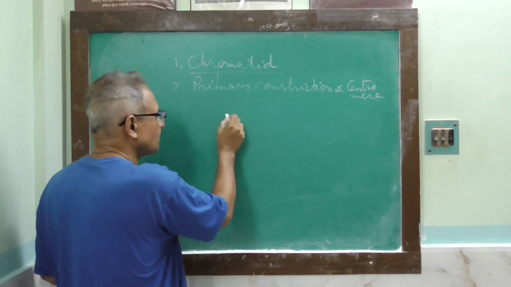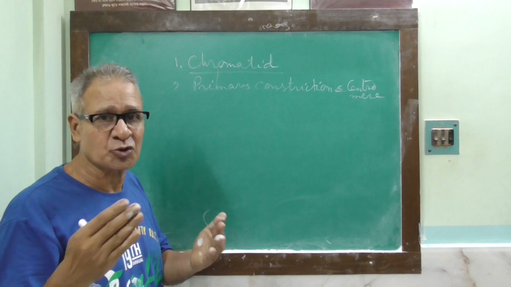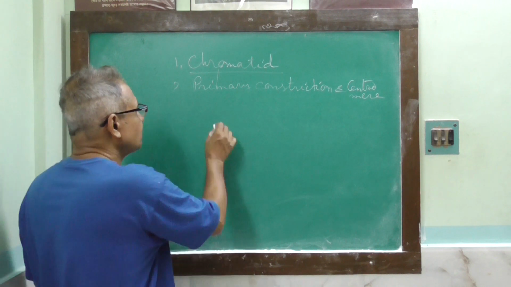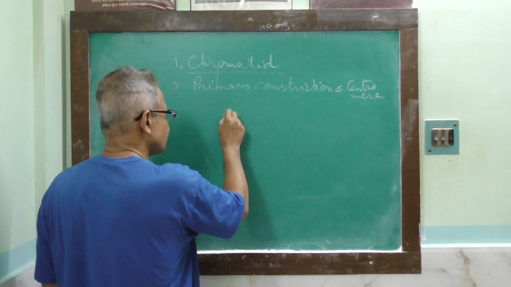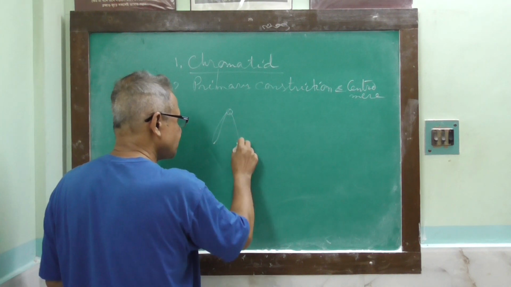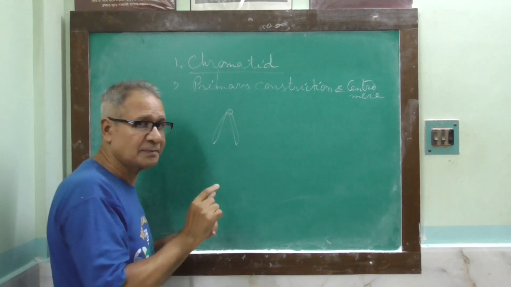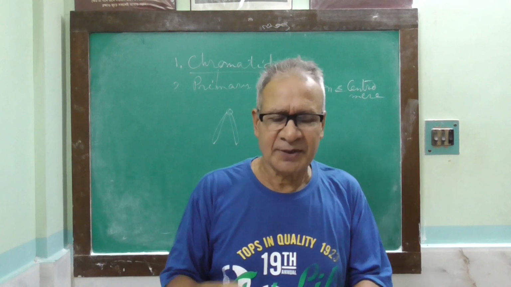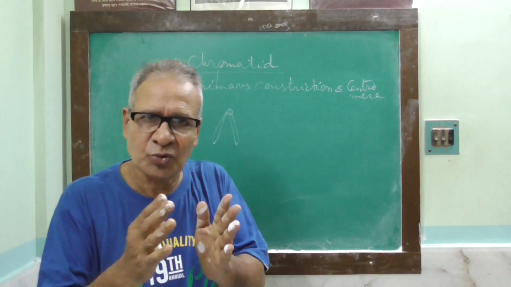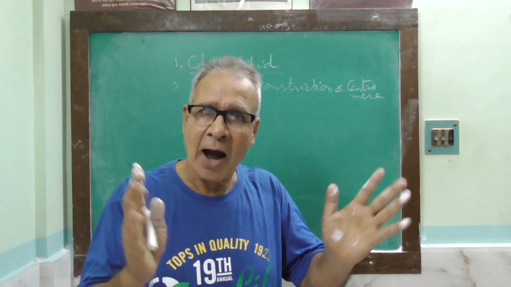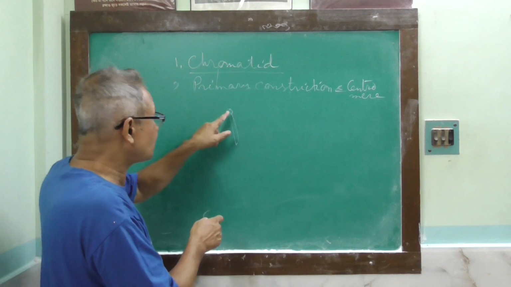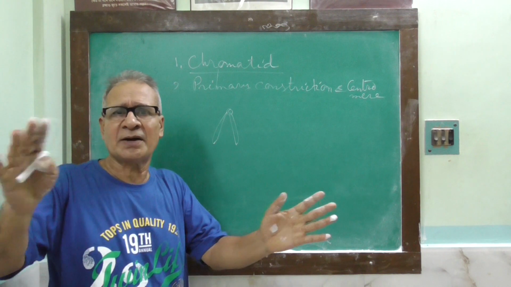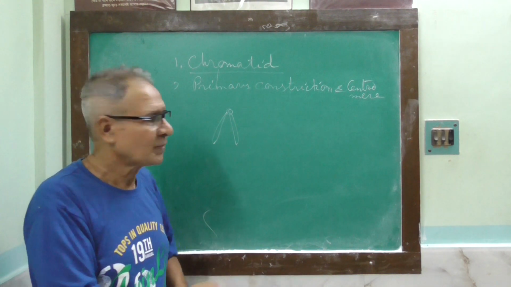According to the position of the primary constriction or centromere, chromosomes can be divided into four types. The region on either side of the centromere is regarded as an arm, and it is the region where the arms can fold. In no other region can the chromosome fold.